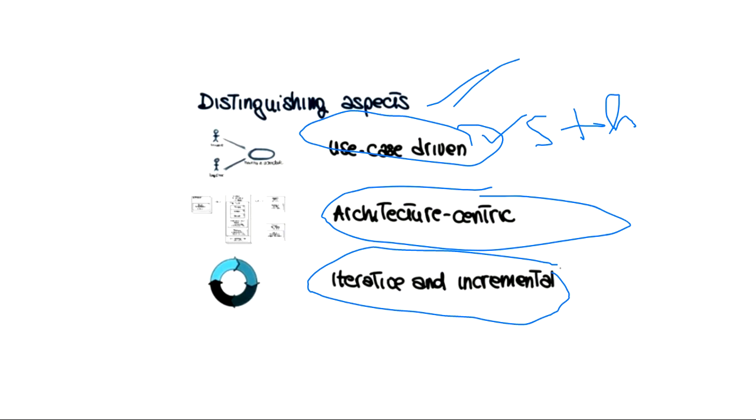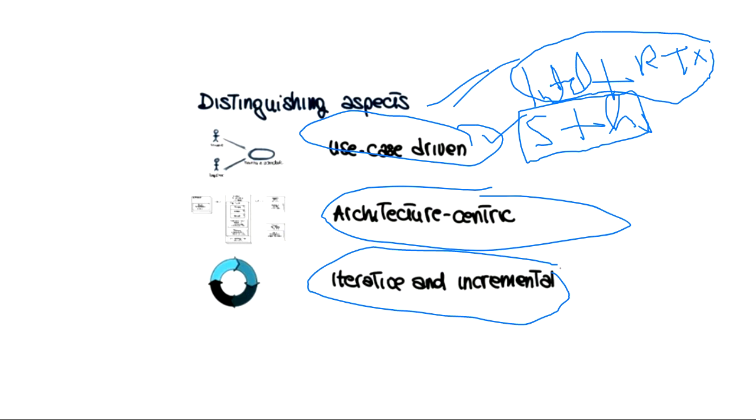I need the Intel processor with the RTX graphic card. No matter whether these two, Intel and RTX, are compatible or not, you have to create the software as per the user requirement. Definitely there will be discussions, that okay sir, this is happening, this is not happening, but finally the user will be the main central focus of your RUP model or any software which you are trying to create. So that is use case driven.